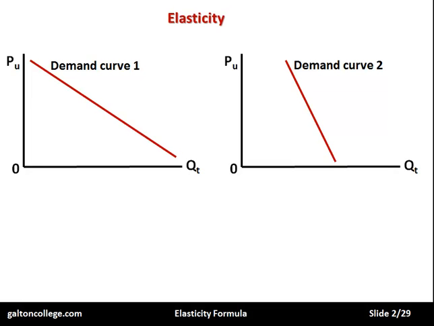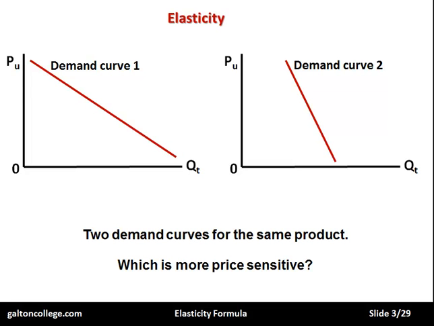Now on the diagram we've got two demand curves here. Demand curve 1 and 2. You'll see that demand curve 2 is steep. It's steeper than the first one. The first one is flatter. It's less steep. Now these two curves represent the same product, let's say. Well, if those two curves did represent the same product, we have to ask which curve is the more sensitive to price changes.